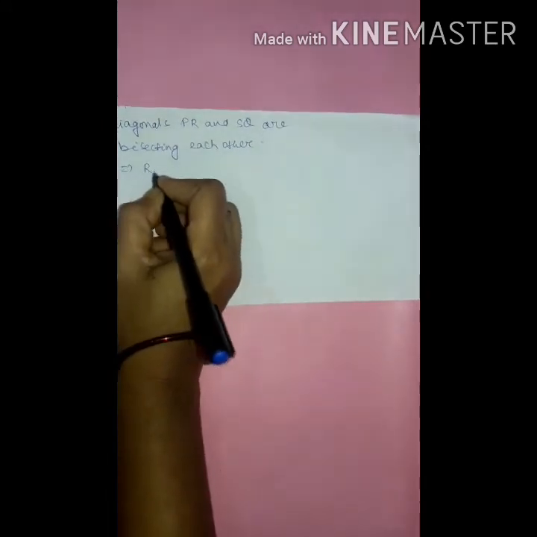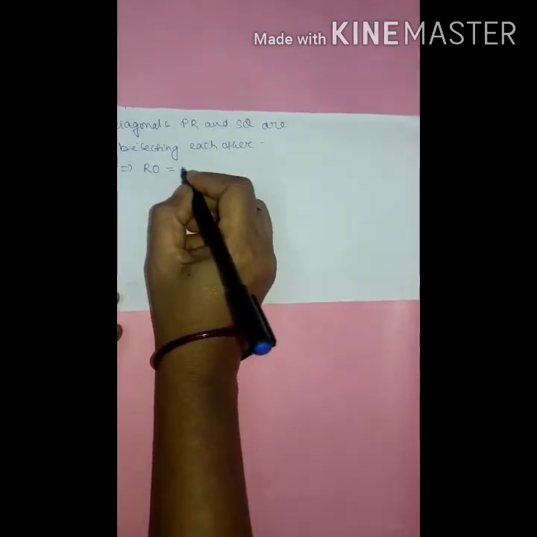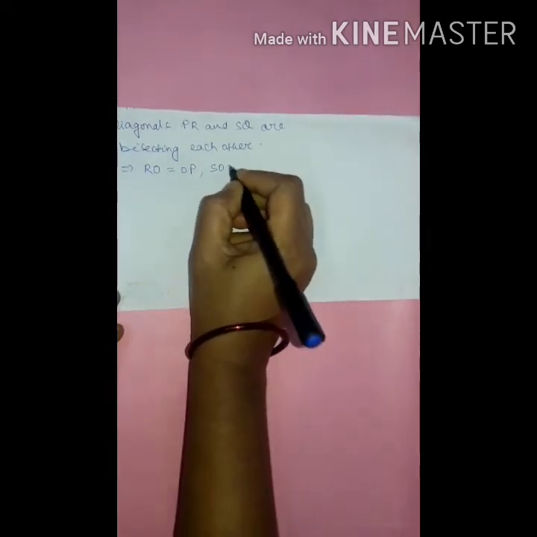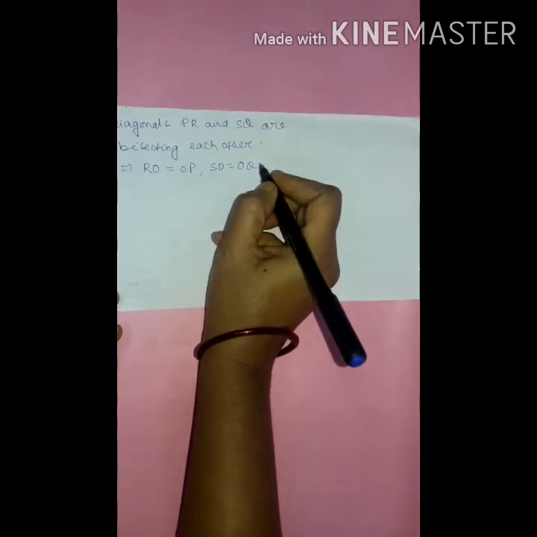This implies RO is equal to OP and SO is equal to OQ, hence proved.